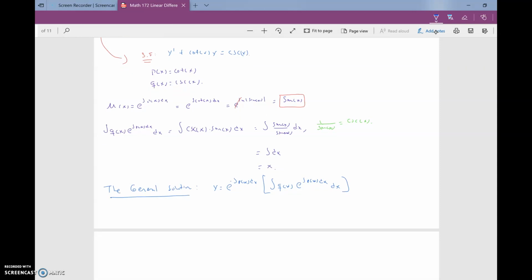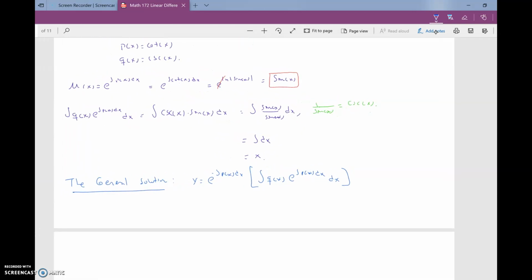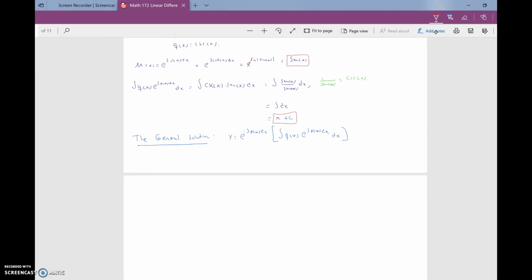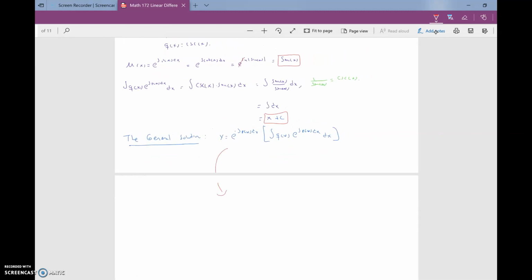On this portion, this is where we're going to put the plus c. Sorry, I skipped that portion. So this will be a plus c. So in our general solution, we're just going to say that y is equal to sine of x to the negative 1 times the quantity x plus c.